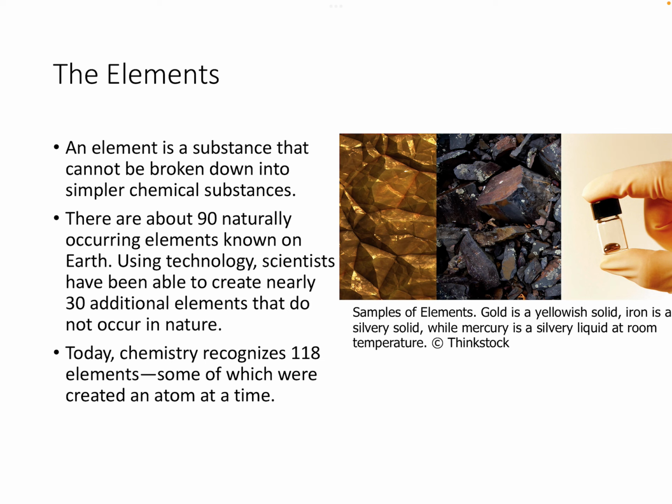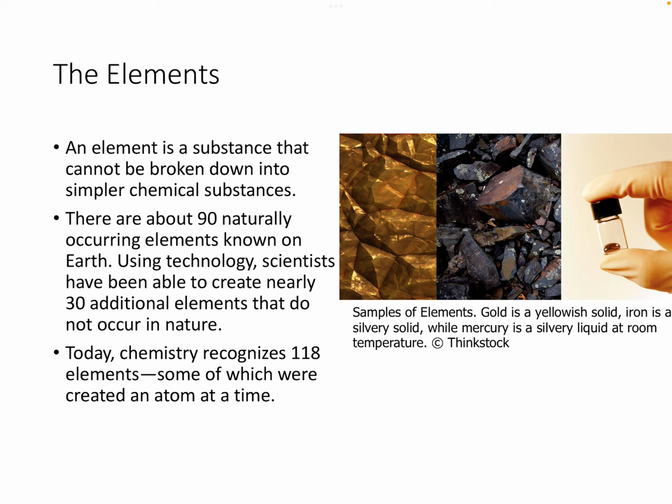So let's start with the elements. Remember from chapter 1, we said that an element is a substance that cannot be broken down into simpler chemical substances. Now, there are about 90 naturally occurring elements known on Earth. And using technology, scientists have been able to create even more elements that do not occur in nature.